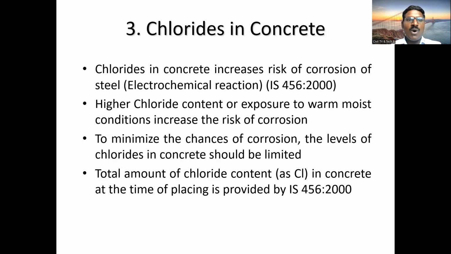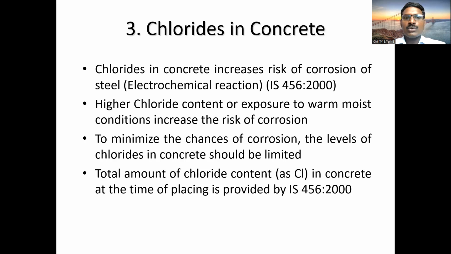Then exposure to warm, moist condition increases the risk of corrosion. As I showed in the last two slides before, if the chloride content increases in the concrete or on the concrete surface, the corrosion of steel will be a risk.